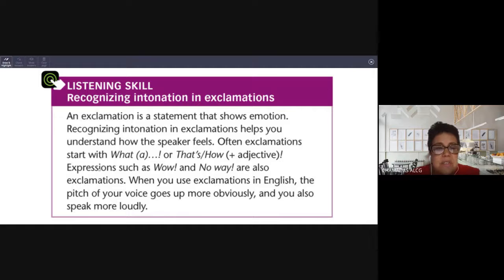Often, exclamations start with what, or what a, or how, plus an adjective. Expressions such as wow or no way are also exclamations. When you use exclamations in English, the pitch of your voice goes up more obviously, and you also speak more loudly. Okay?